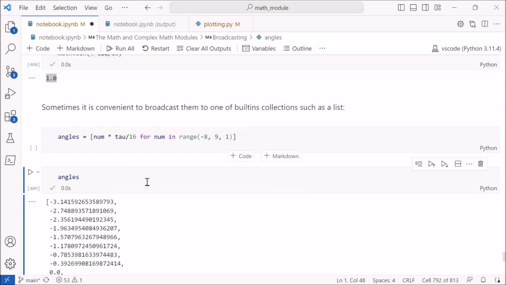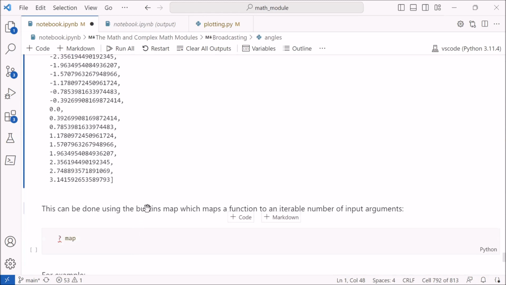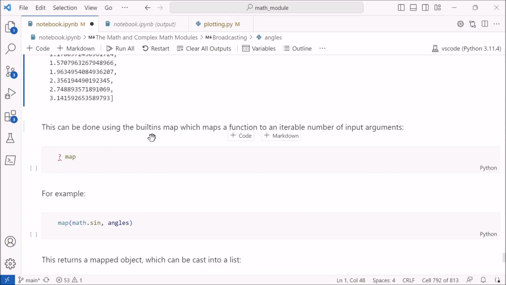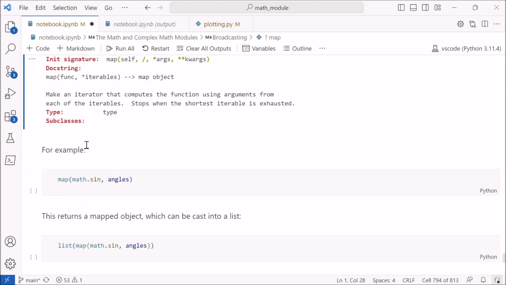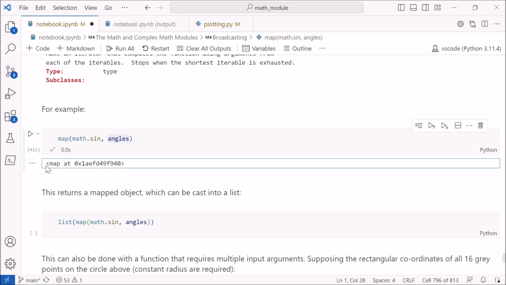So if we have a look at angles, we've got them here, and we can use the built-in map to map a function to an iterable. So we can map this sine function to this list of angles. This gives a map object.